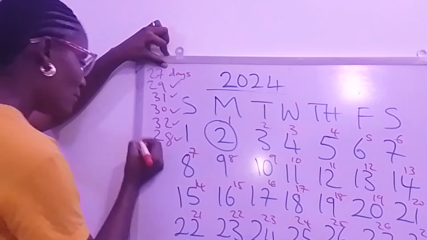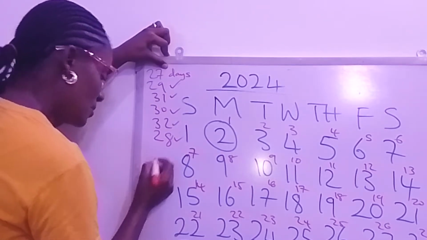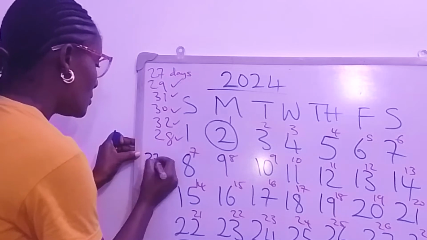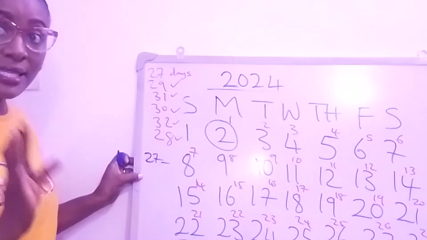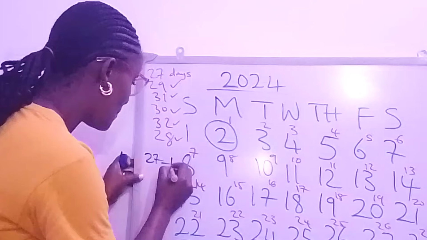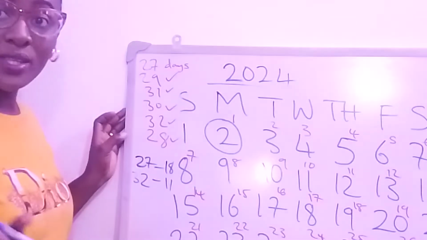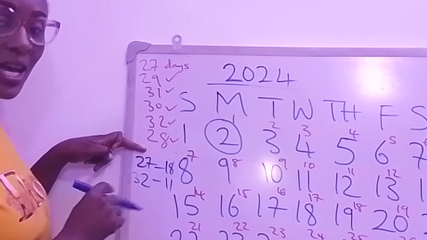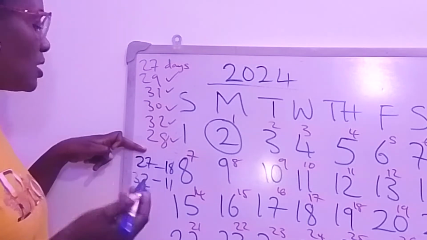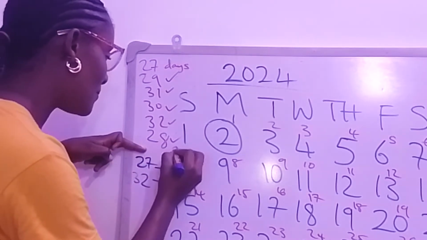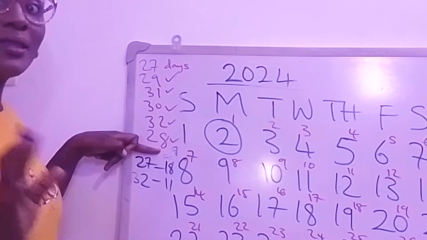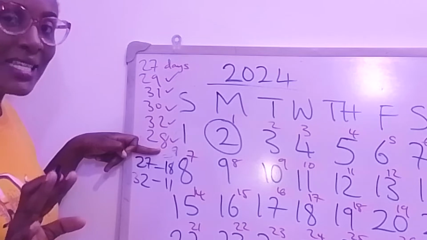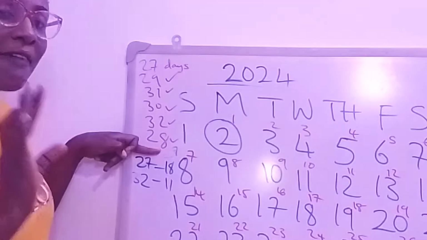So you write it out, 27 days, and you subtract 18 from it. So this is this woman's shortest menstrual cycle length, 27, and we subtract 18 from it, and it will give us 9. So this means the 9th day of her menstrual cycle is the beginning of a fertile window.